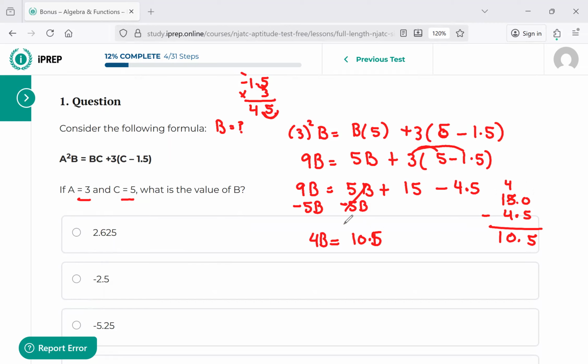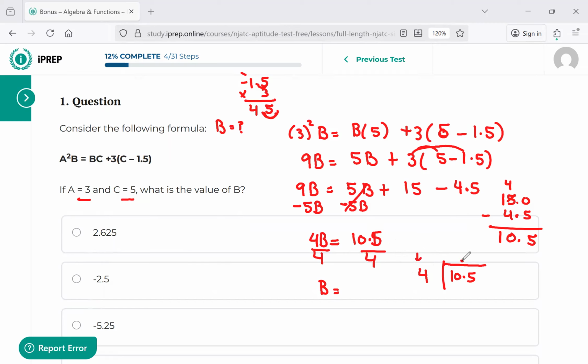And then you've got to solve for b, so you're going to divide both sides by 4. So what's 10.5 divided by 4? You need to know how to do this without a calculator. The 10.5 goes inside, the 4 goes outside, and as long as the number outside has no decimals, you're good.